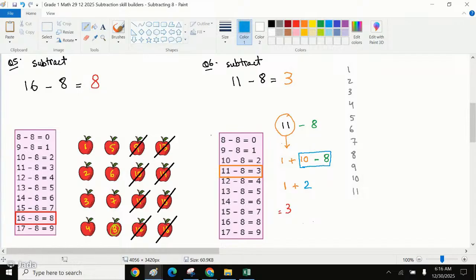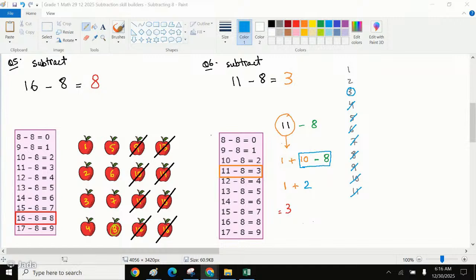Since we are subtracting 8, we need to remove 8 numbers. So first 1, 2, 3, 4, 5, 6, 7, 8. So we are left with 3. And 3 is still our answer. We are looking at different ways how we can subtract.